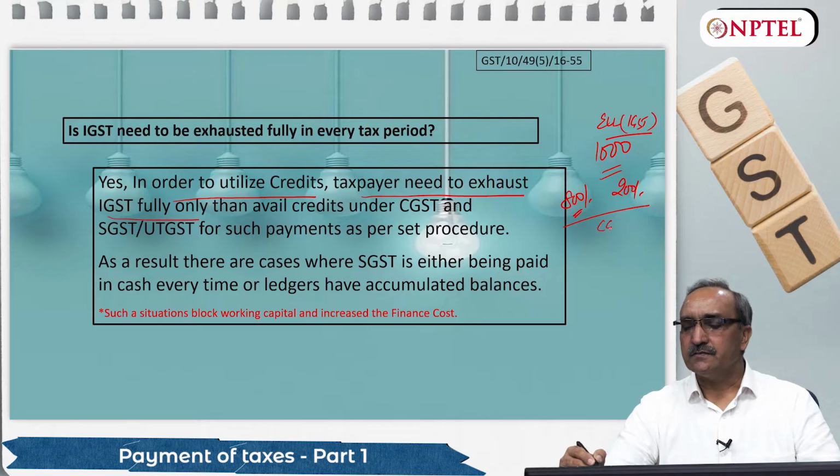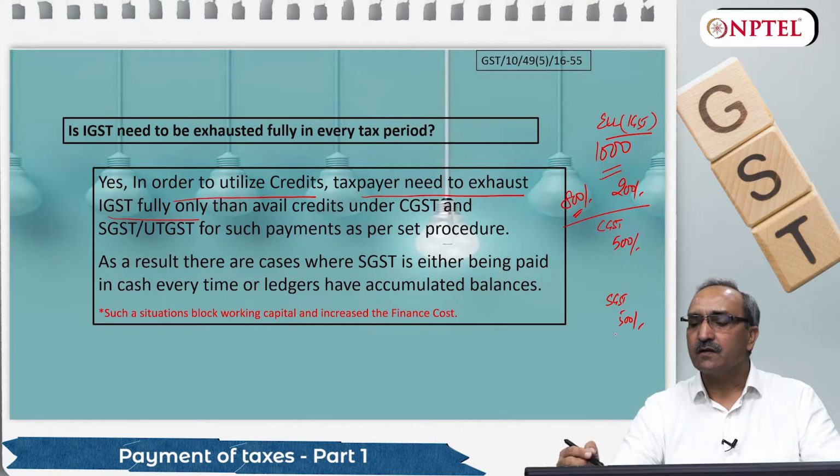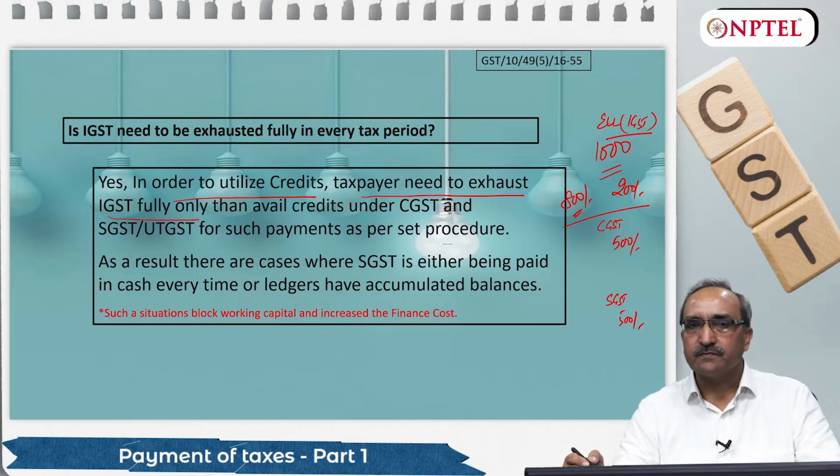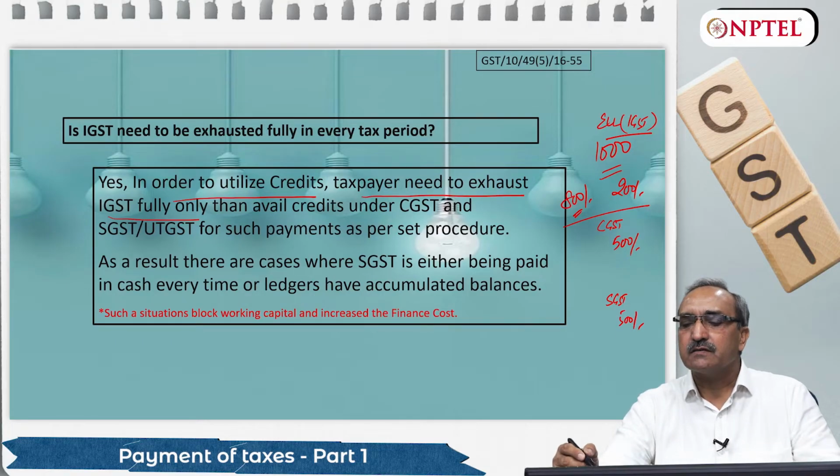Then CGST, if you have a liability of 500 rupees and state GST liability is again 500, then the law says in this situation, after meeting your IGST liability of 200 rupees, first use this amount for payment of CGST.